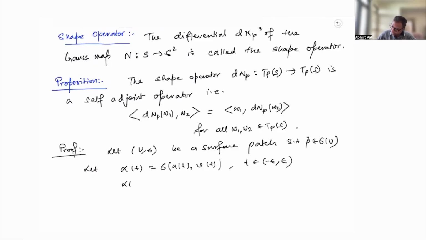So alpha(0) is equal to P. So alpha prime 0 belongs to the tangent space of S, and alpha prime 0 is equal to sigma_u du/dt evaluated at t equals 0 plus sigma_v dv/dt, evaluated at t equals 0.